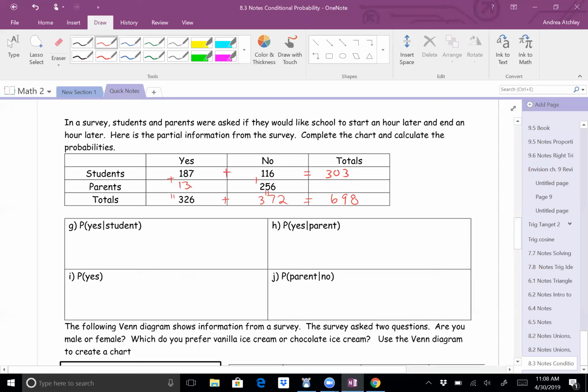This is 139. And then this plus this will give me this number here. And then these two should also add to 698. Any questions over that? We're all good?